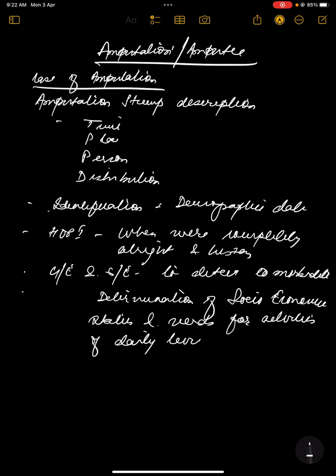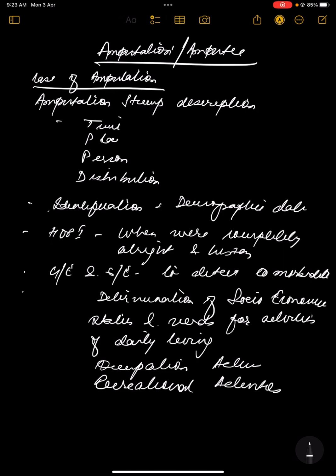Occupational activities, recreational activities, vocational activities, and social activities, socialization.